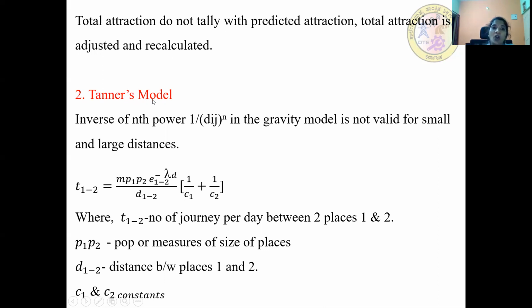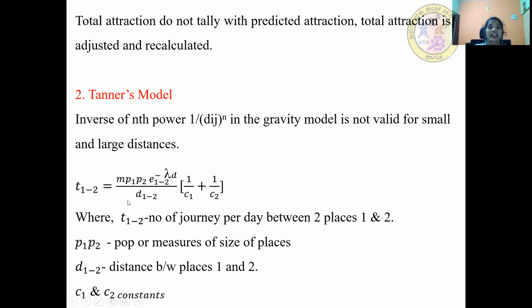Tanner's model mainly depends on the inverse nth power in the gravity model. The gravity model is not valid for small and large distances. So here the nth power is taken to find the trips.